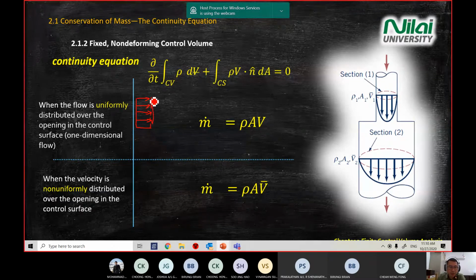If it's non-uniform, you will see a parabolic shape, or a non-parabolic one, like a straight section and then a curve. In the slide this morning, you saw the difference between these two, and we already covered that if it's parabolic, you can use u max divided by 2 to convert this one into this one.